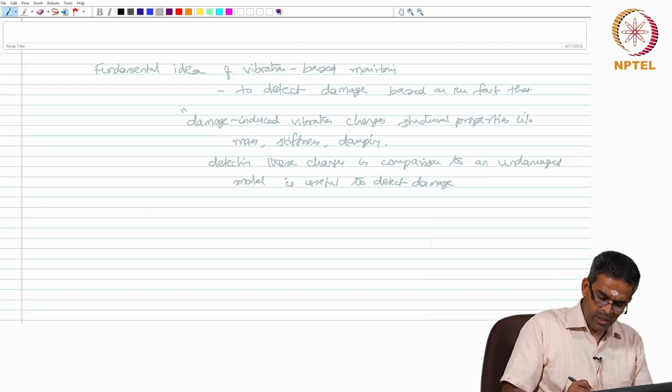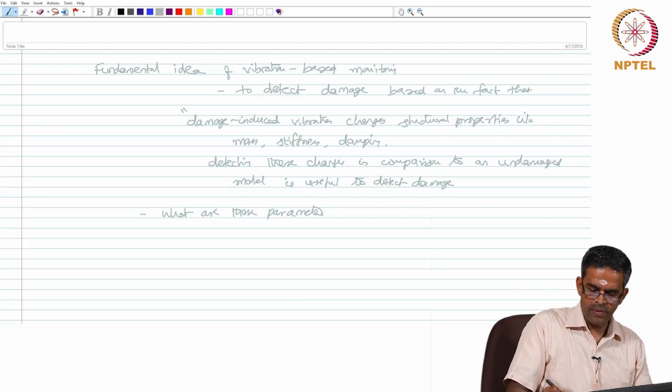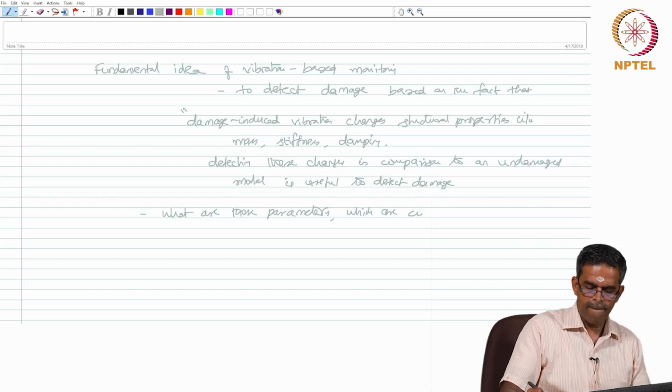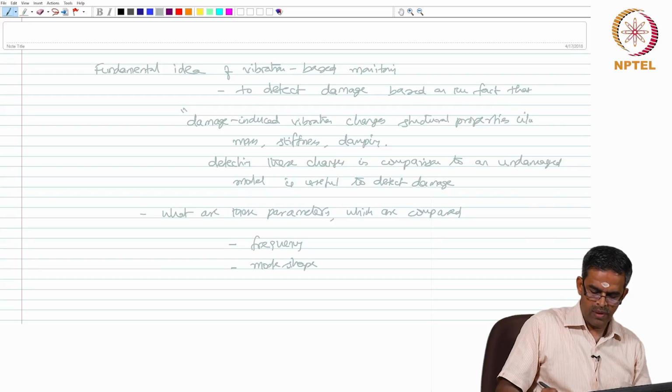So, by that logic, what are those parameters which are compared? The essential parameters compared are frequency, mode shape and modal damping.